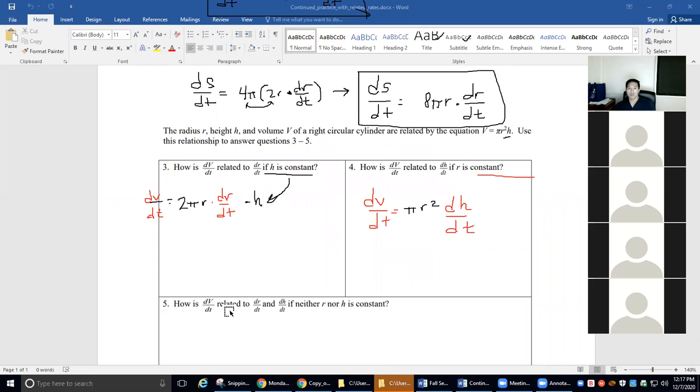How is dv dt related to dr dt and dh dt if neither r nor h is constant?